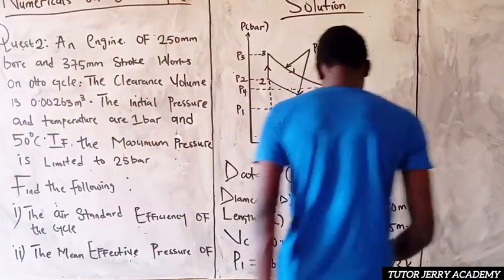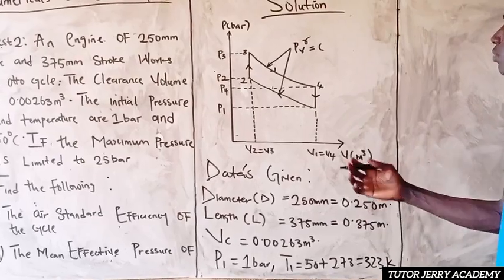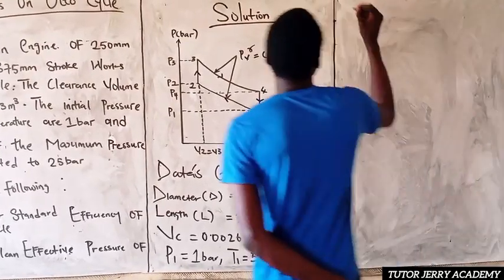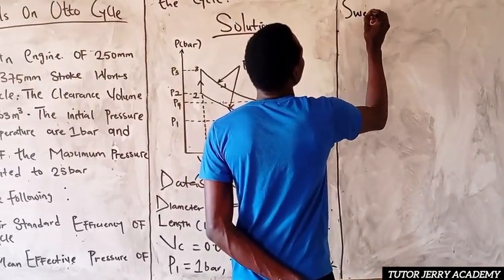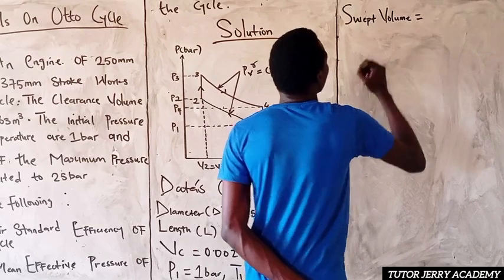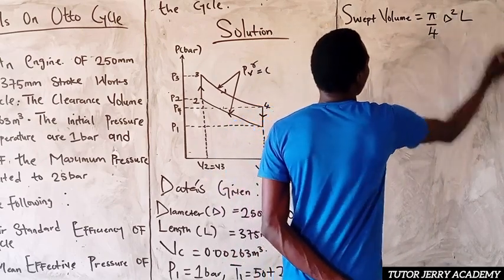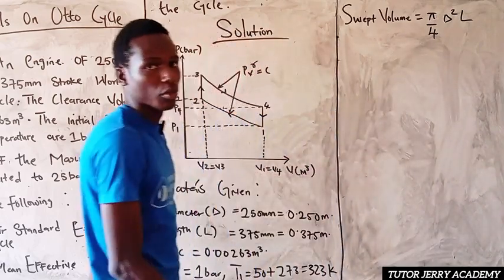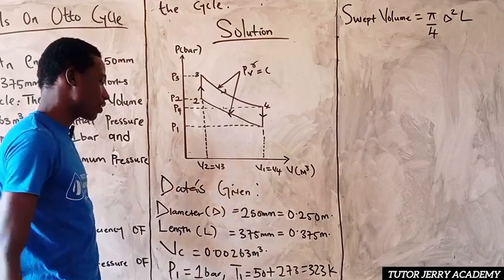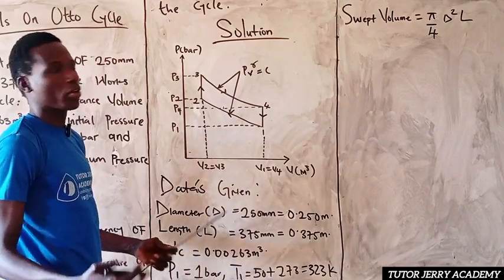Now let's solve this question. The first thing we are going to do is look for our swept volume. Swept volume is equal to pi by 4 d square L, where d is the diameter of our cylinder bore, and L is the length of stroke.